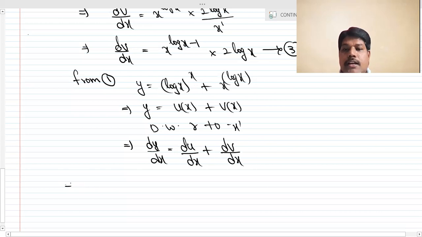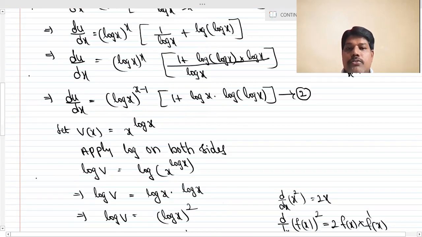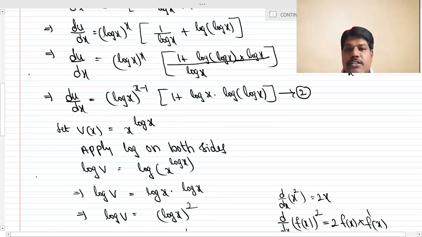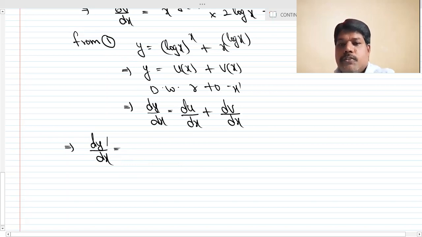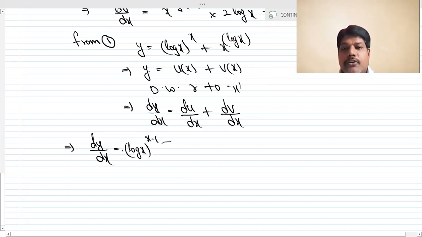That implies dy by dx is equal to, what is du by dx? See that one, students. From equation number 2, du by dx is log x power x minus 1 into 1 plus log x into log of log x.